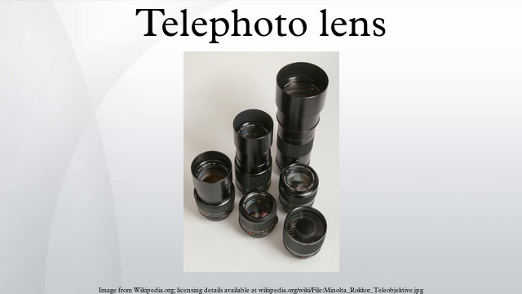The basic construction of a telephoto lens consists of front lens elements that, as a group, have a positive focus. The focal length of this group is shorter than the effective focal length of the lens. The converging rays from this group are intercepted by the rear lens group, sometimes called the telephoto group, which has a negative focus.